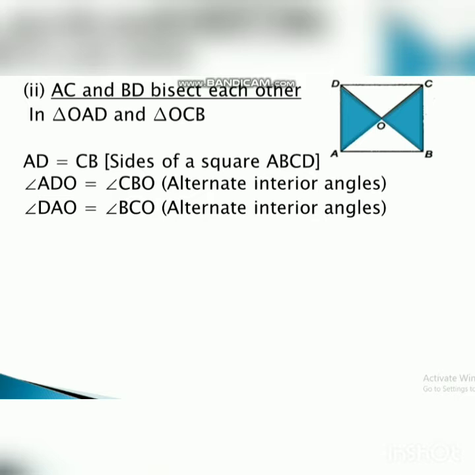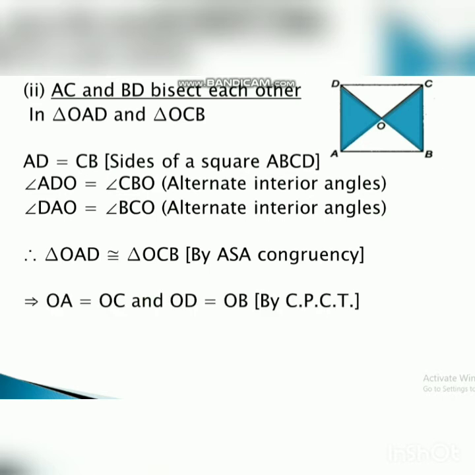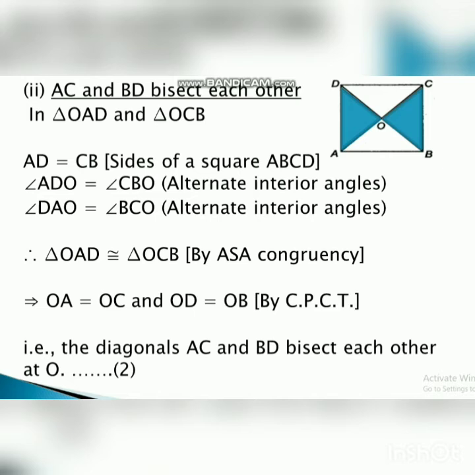So by ASA congruency rule, we reached the conclusion that triangle OAD is congruent to triangle OCB. Since they are congruent, their corresponding sides, that is OA is equal to the corresponding side OC and OD is equal to OB. Hence we proved the diagonals AC and BD bisect each other at O.